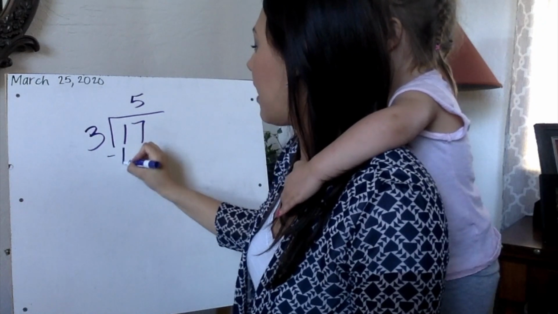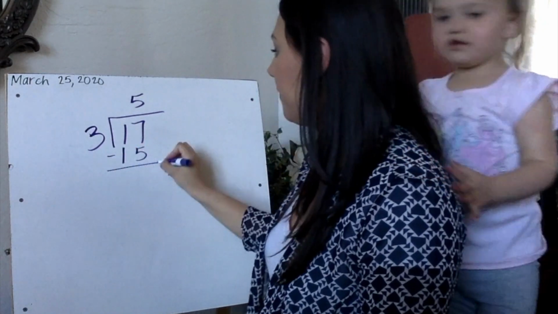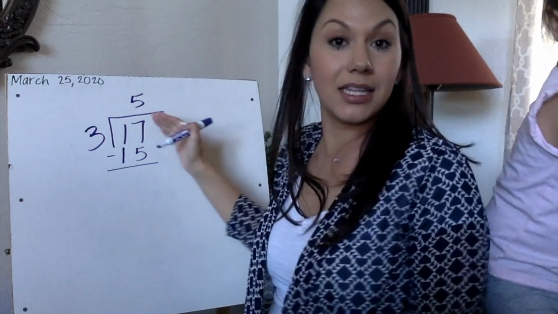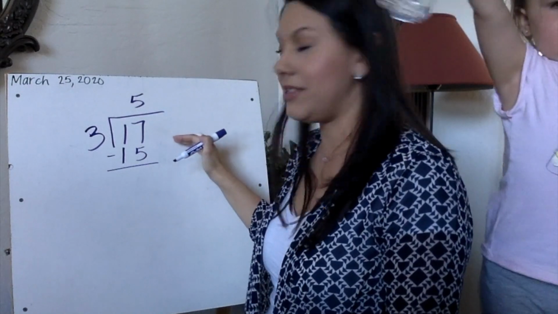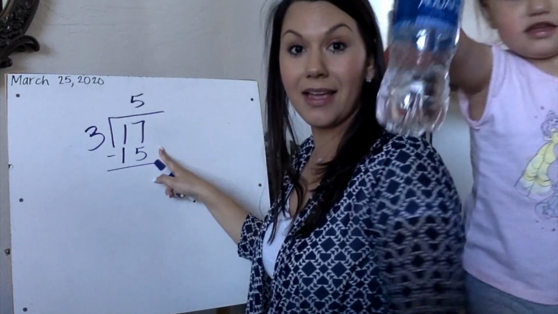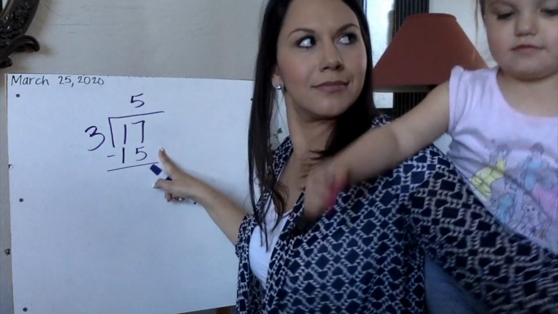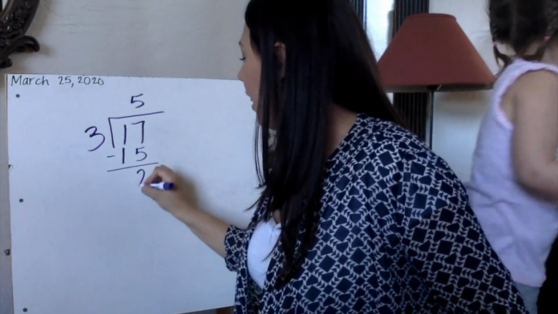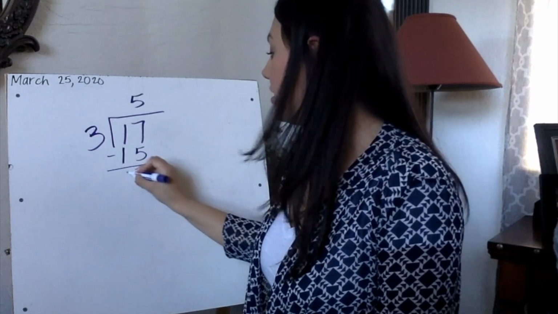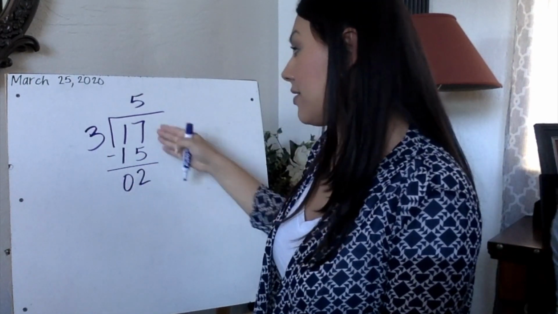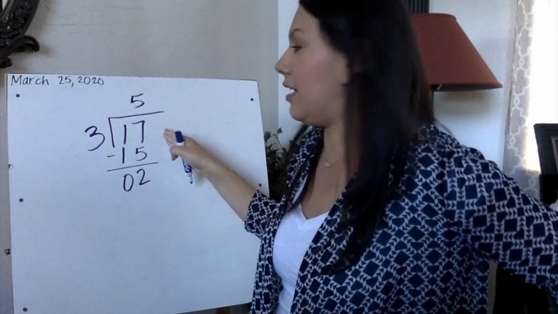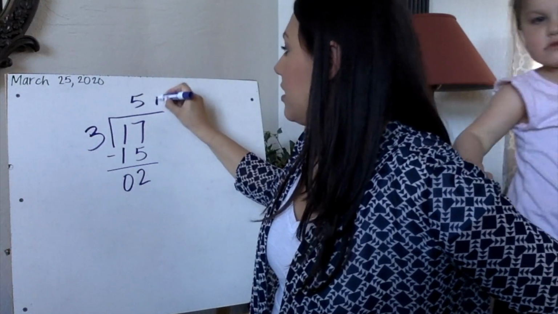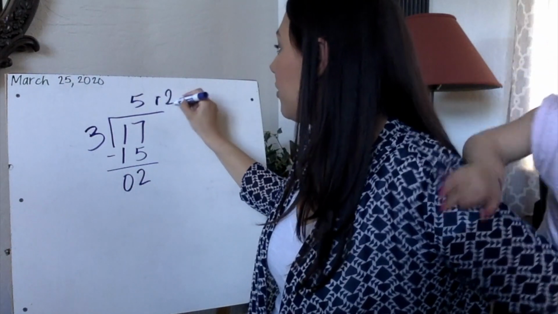So I'm going to subtract 15. Okay, so now I have 17 minus 15. 7 minus 5 is going to be 2. And then 1 minus 1 is 0. So that's all I have. I don't have any more numbers in my dividend. So this is going to be a remainder 2.